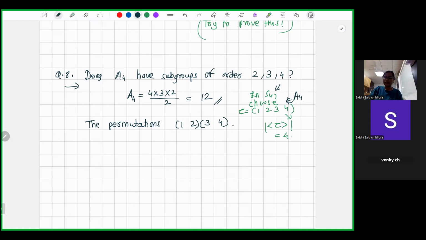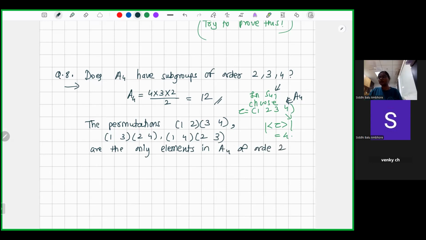So note that elements of the form (1 2)(3 4), (1 3)(2 4), and (1 4)(2 3) are the only elements in A4 of order 2. Okay, you can check that.